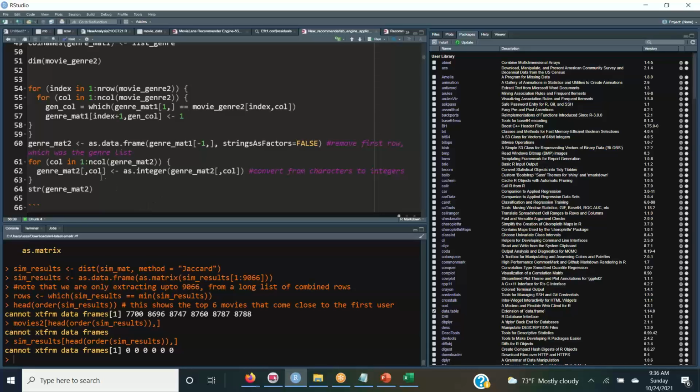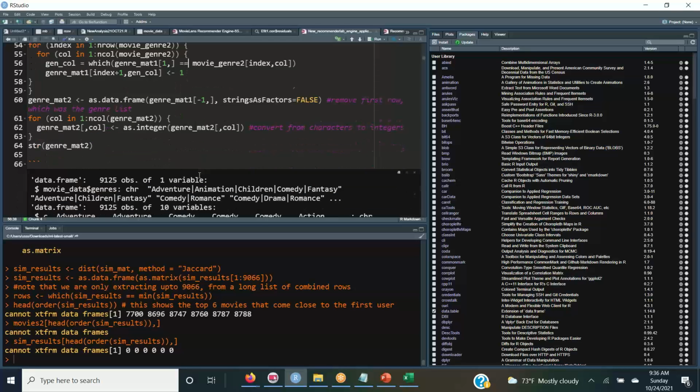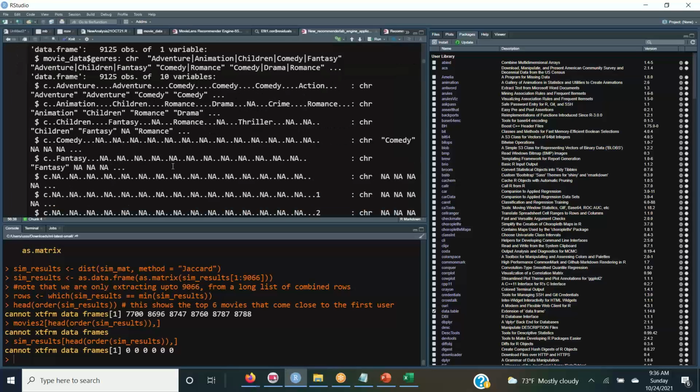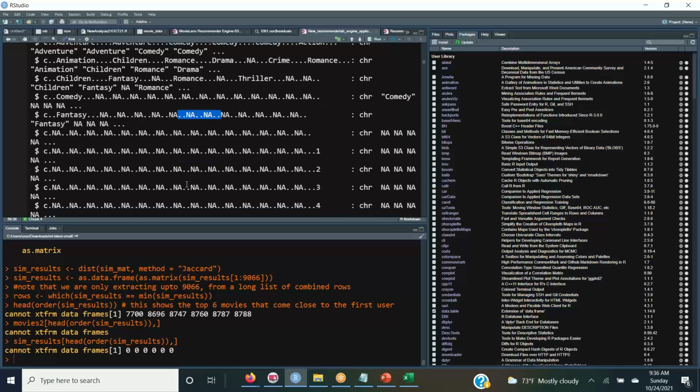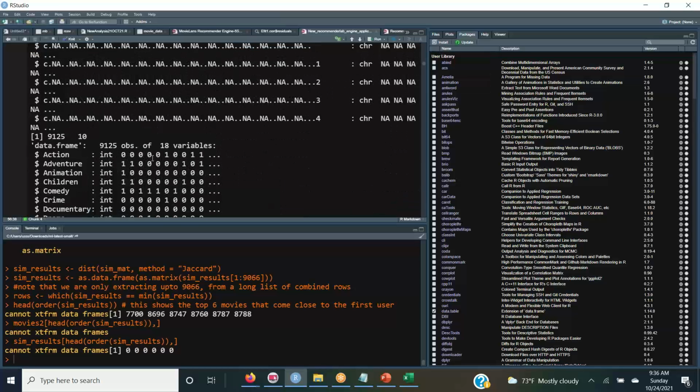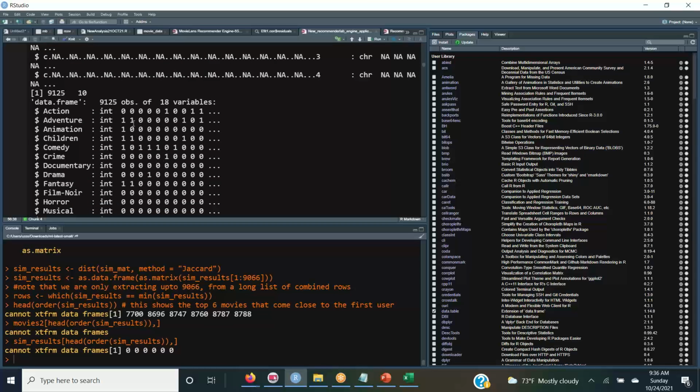Then, because initially it is character, we convert it to integer, okay? Things like that. And it is such a sparse matrix that we eventually work with sparse matrix concepts. So all those things are coming. So this is what the data turned out to be.